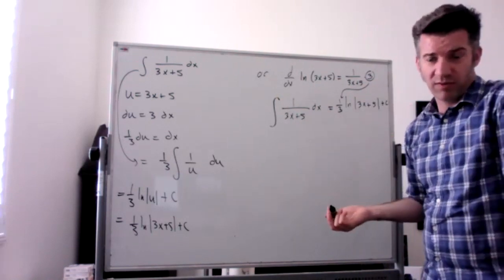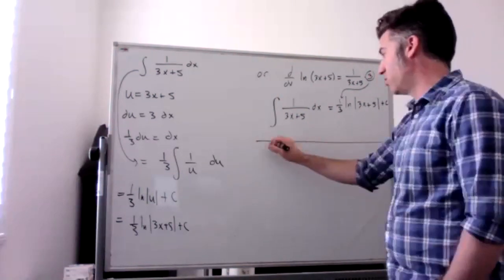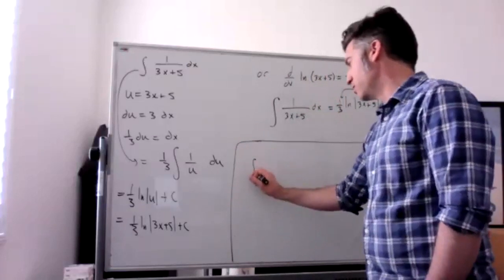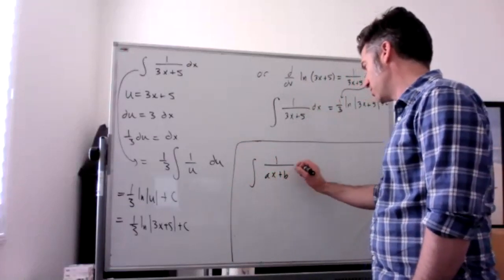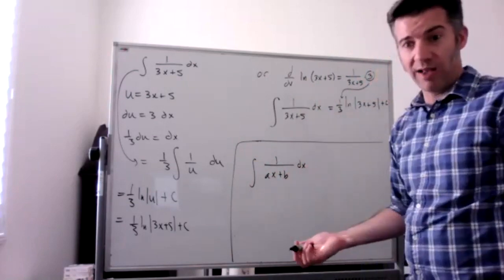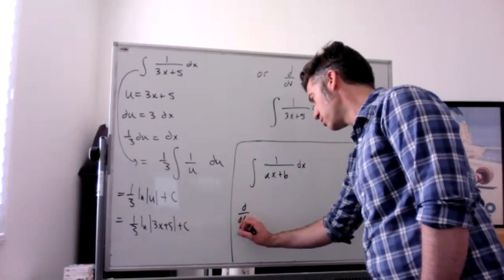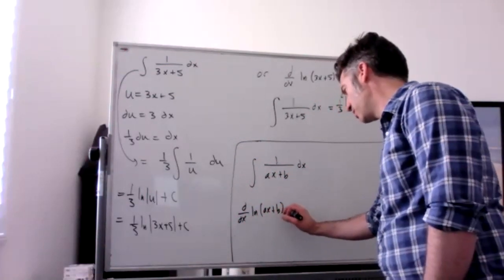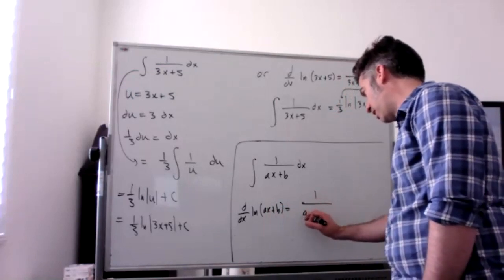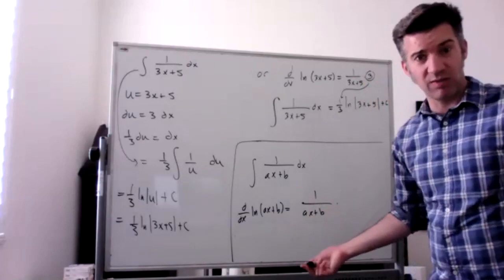So this works for really anything, right? You could do it for the very, very general integral of 1 over ax plus b. We could say, well, I know that the derivative of the natural log of ax plus b is 1 over ax plus b times the derivative of ax plus b, which is just a.